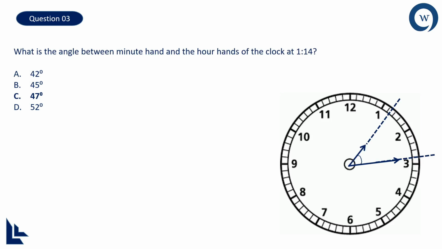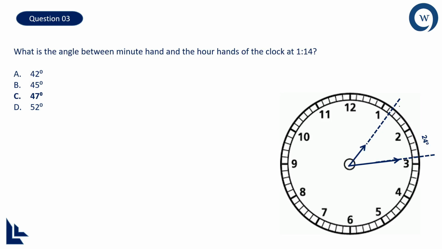From number 2 to this point, what is the angle? Yes, you got it right. From 2 to 3, total 30 degree. Now one segment is not included in this. Then the total angle will be 24 degree, because 1 minute segment, I told you, it will provide 6 degree. Now 4 segments are involved in the calculation. So it is 24 degree.